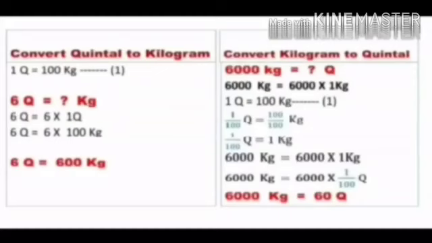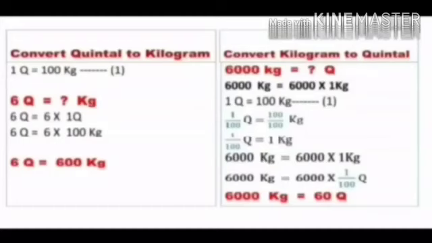Now we see how to convert kilogram to quintal. We know 1 quintal is 100 kilogram. To find for 1 kilogram, we can divide both sides by 100. Then we get 1 over 100 quintal is equal to 100 over 100 kilogram.